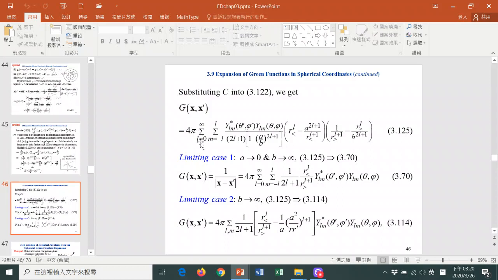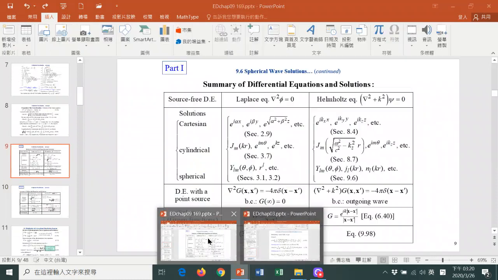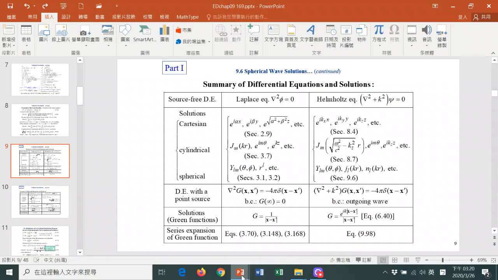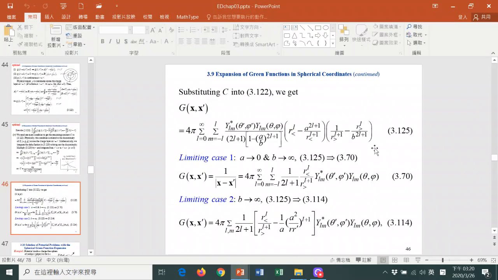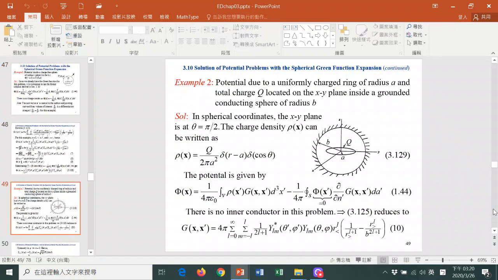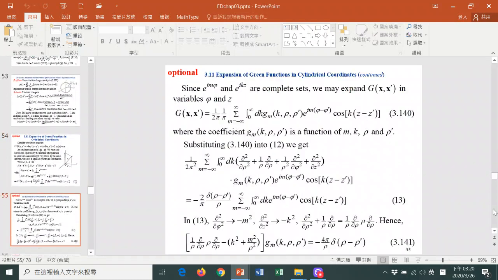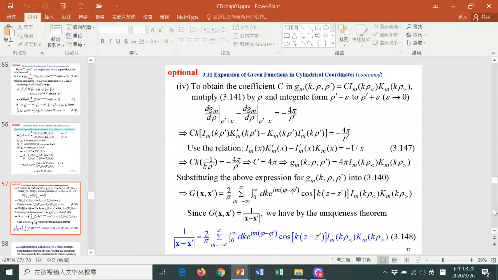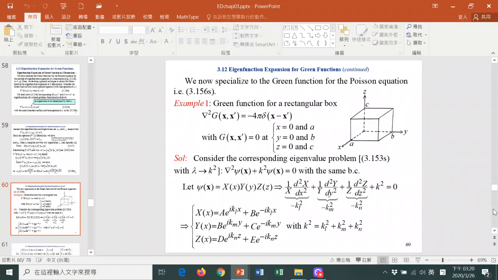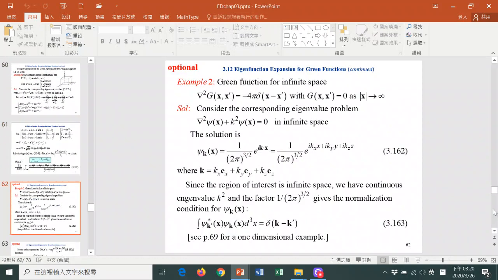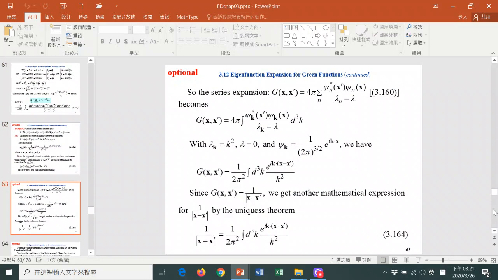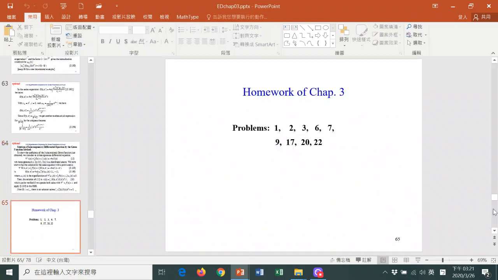Okay, here is a Green function in spherical coordinates. Go back to chapter 9, 9.168. Oh, here is the solution for 9.168.